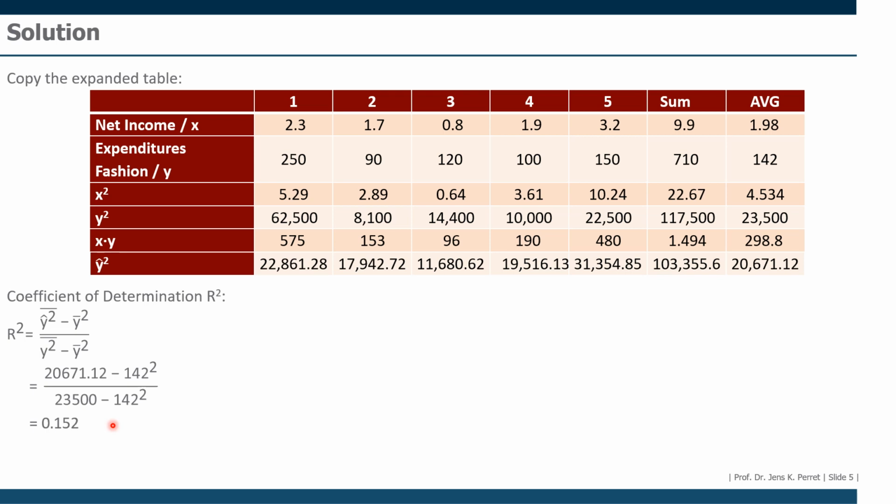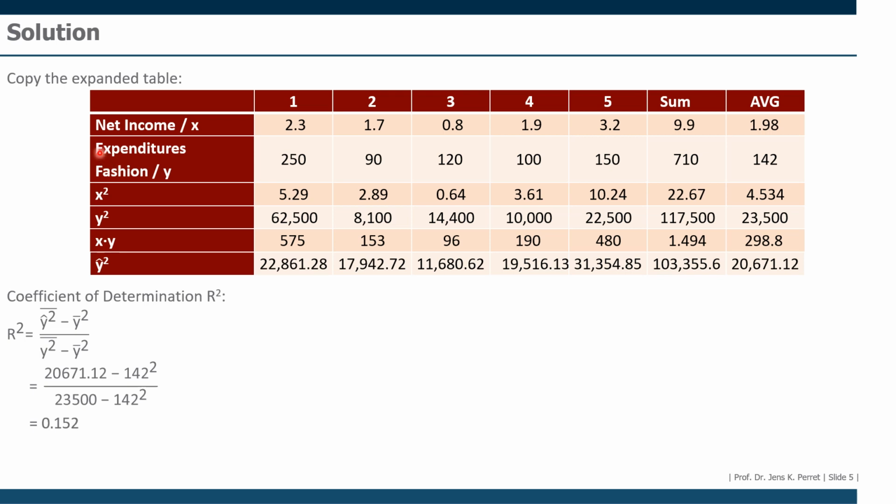So this means for every x more, y increases by this amount. Well, x, the net income, was measured in 1,000 euros. So for every 1,000 euro I earn more, I spend on average 28 point something euros more on fashion. That was the slope telling us.